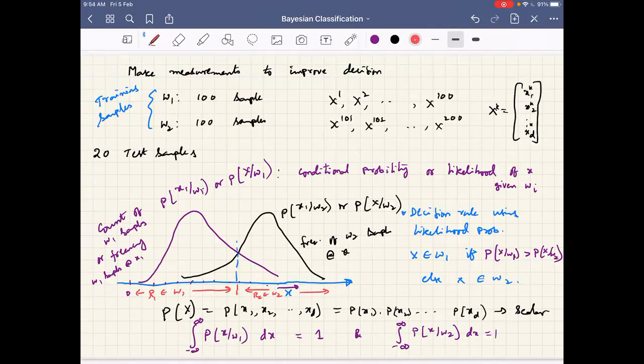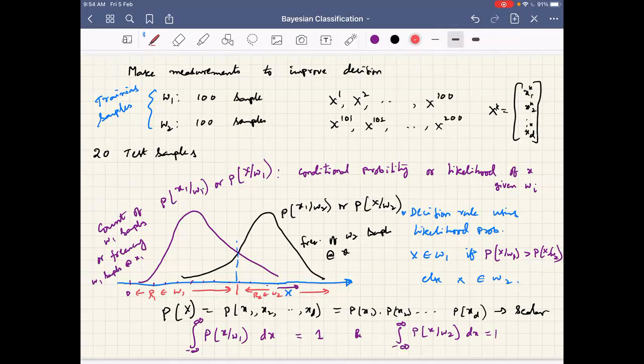We are using only measurements, a completely different way. So a decision boundary using likelihood is better than using prior probabilities? Yes, usually, because we make the measurements here and have more information to take a decision. Okay, sir, I understand.